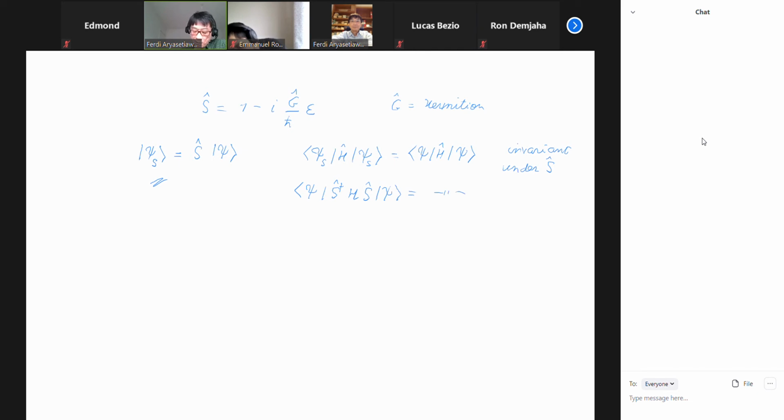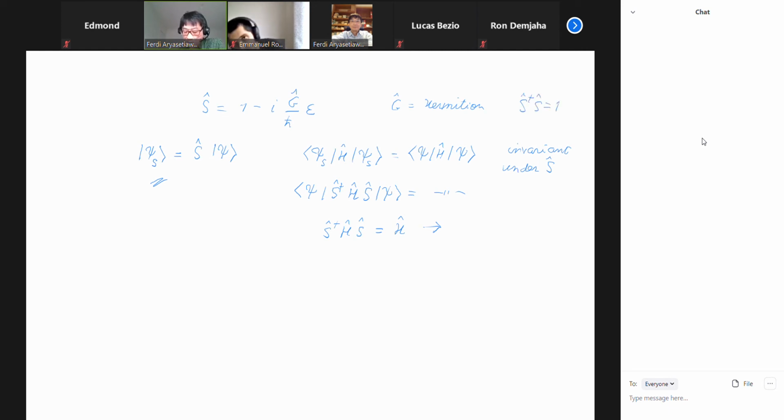So then, since the state is arbitrary, we have not specified it, that would imply that S dagger H S is equal to H. Since S is unitary, it's also important to say that it's unitary.